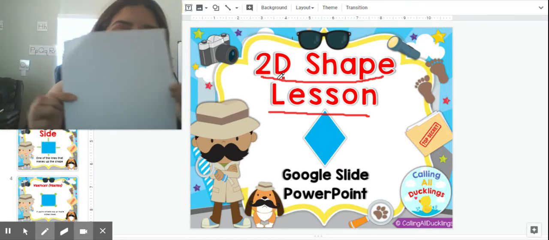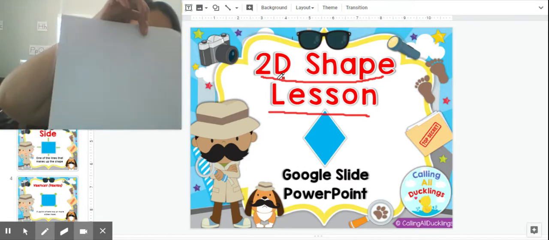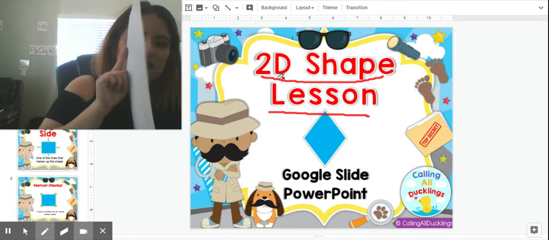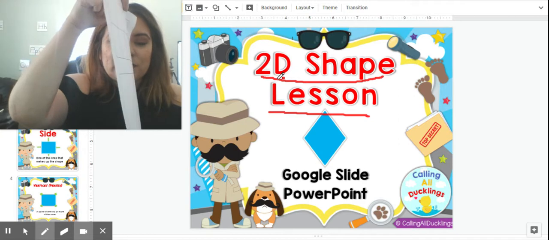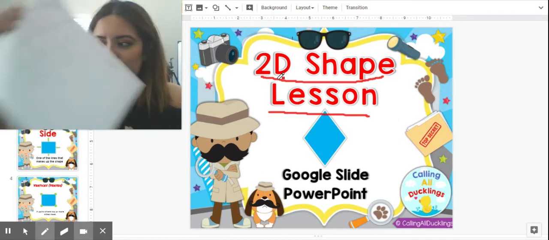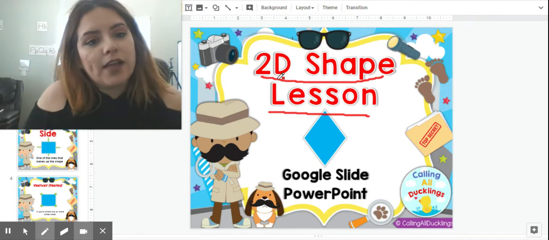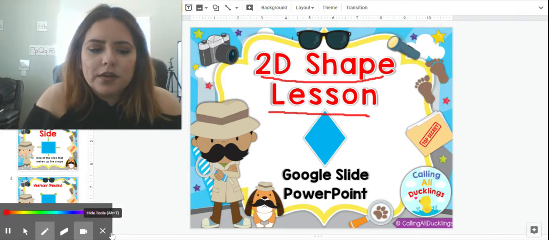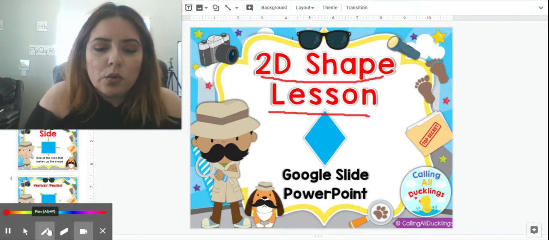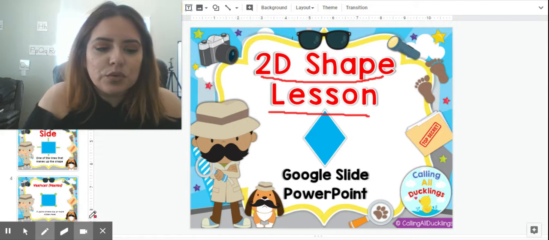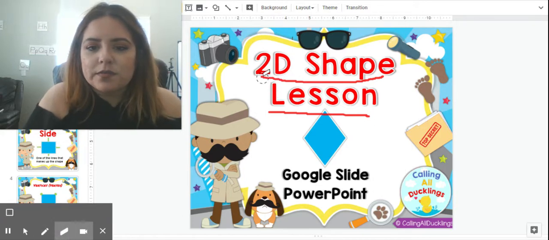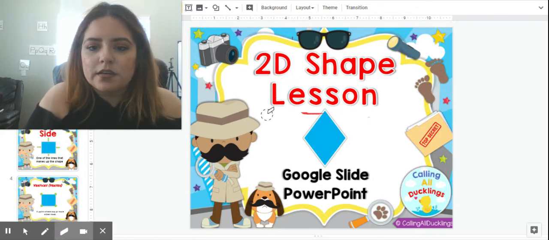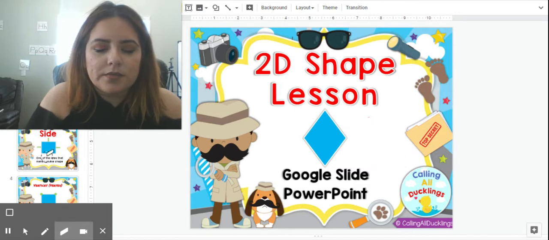I can look at paper like this and like this, but when I put it sideways like that, it's flat. So this is two-dimensional. So when you think two-dimensional, think flat like paper. Okay? So we're going to be looking at two-dimensional shapes. And let me erase this before we go to our next slide.